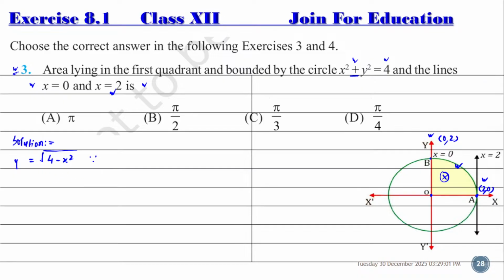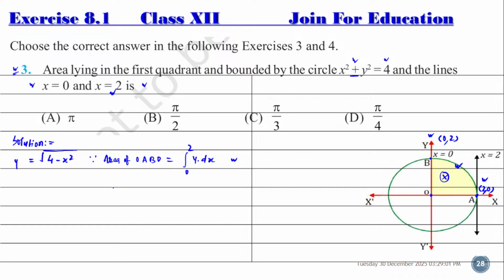So the area of OABO equal to y into dx, and dx changes from 0 to 2. We write down here 0 to 2. Is there any problem understanding up to this step?